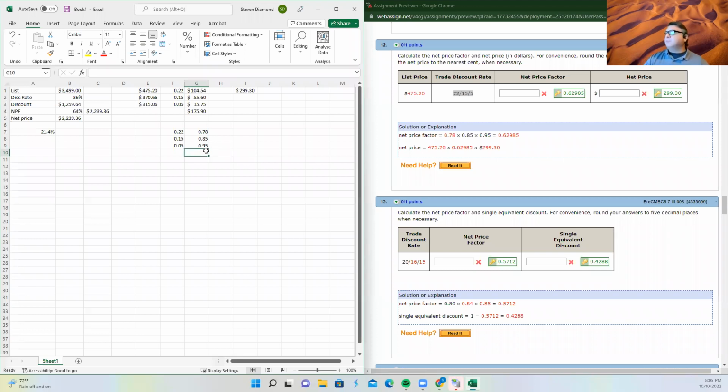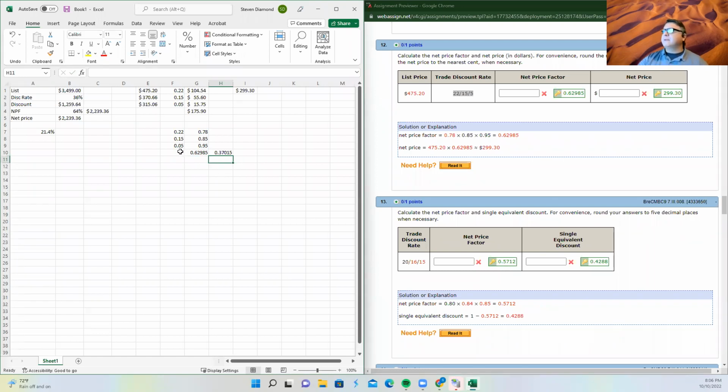And the way you find those, you multiply those three together. So what you're actually getting is a total net price factor of 62.99%, which means our total trade discount rate is 37.02%.